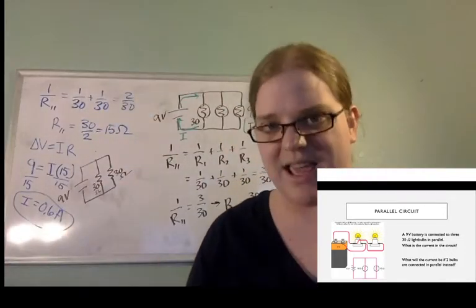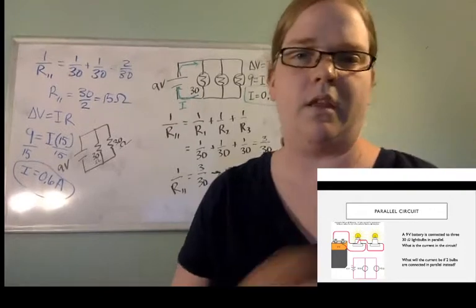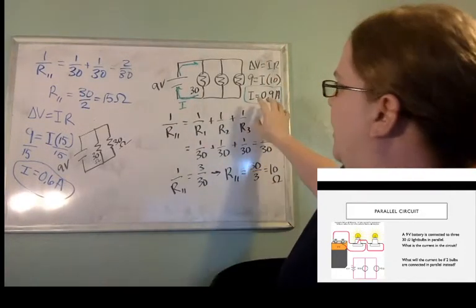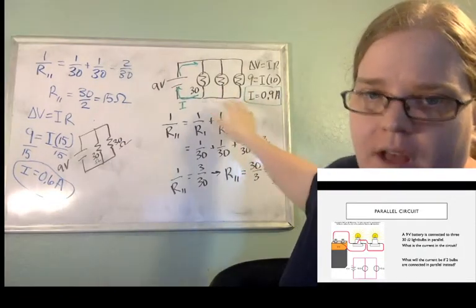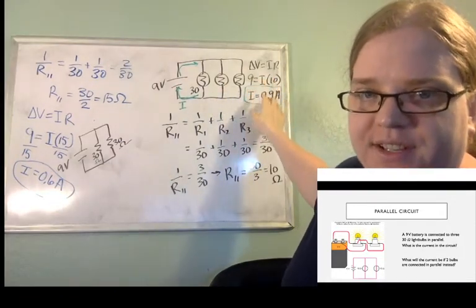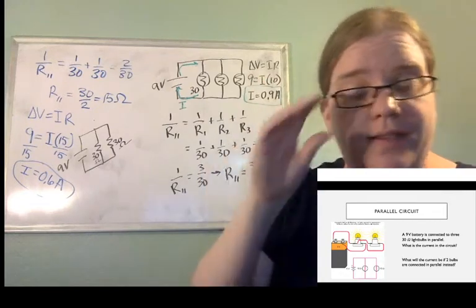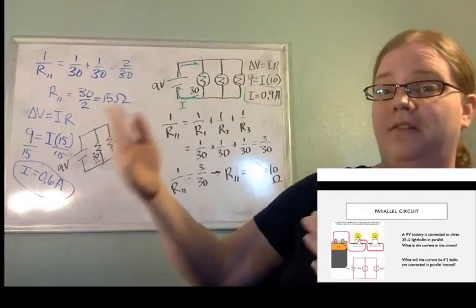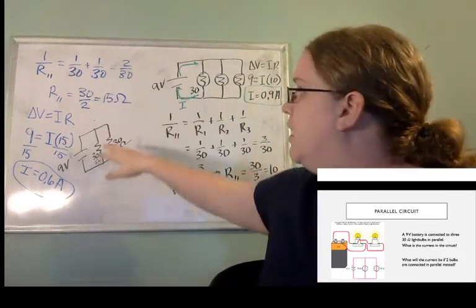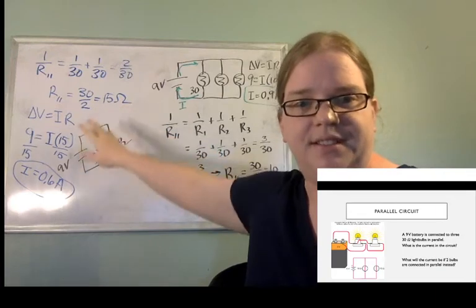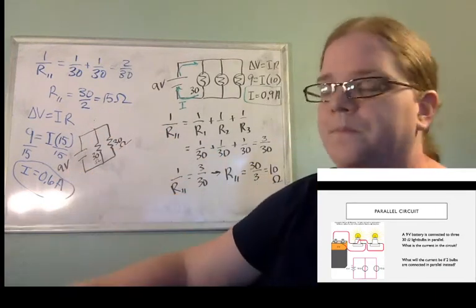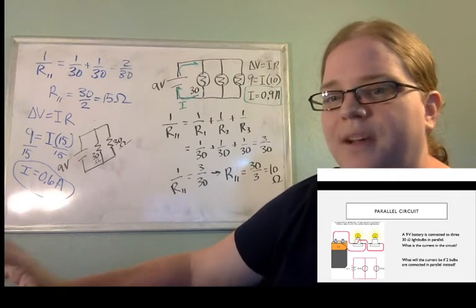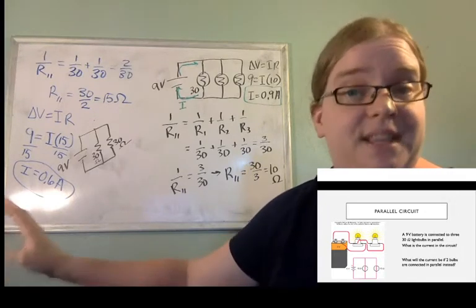Now here's the thing. When I have more resistors, I have a smaller equivalent resistance, and I end up with a bigger current. That makes sense, right? Smaller resistance means, yeah, send that current my way, no problem. A bigger equivalent resistance means a smaller current. But in the video, what we saw was that all of the bulbs stayed about the same brightness.